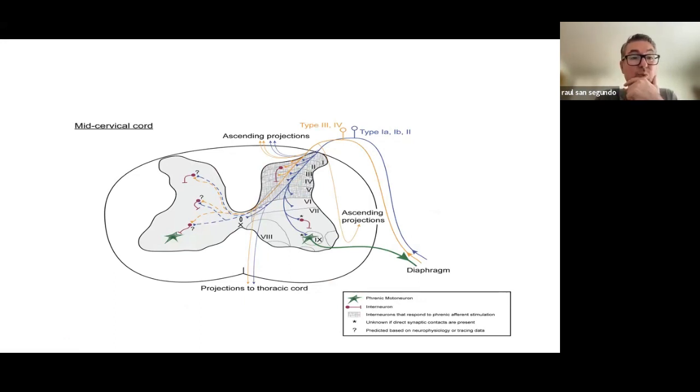This is why we constantly have these cervical complaints of our patients. This is the anatomy and physiology of the phrenic nerve, and this is why C4 is getting activated. This is why C4 gets some dysfunction.